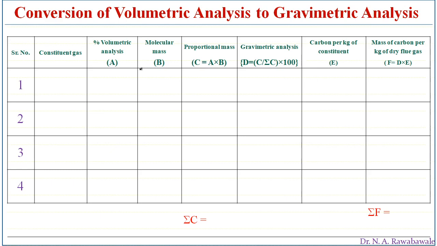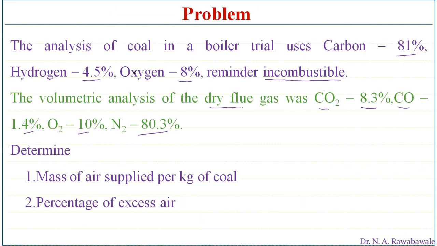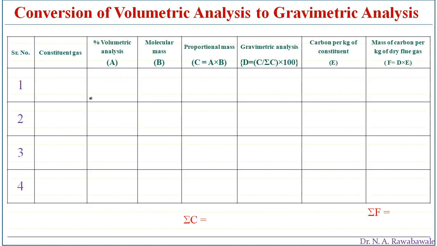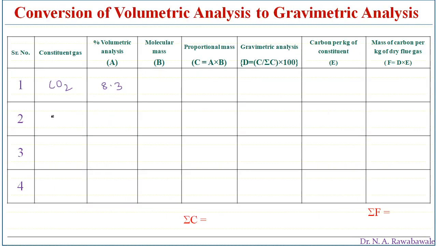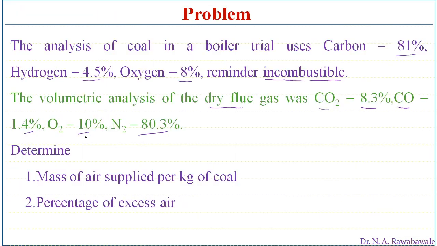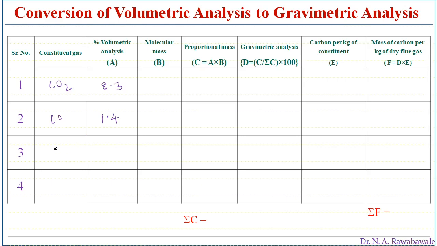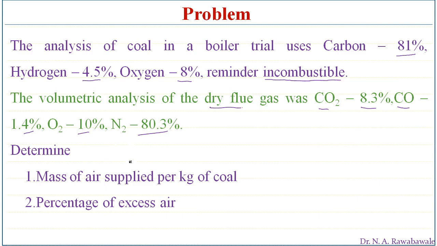So now coming to the conversion of volumetric analysis to gravimetric analysis. The constituents are carbon dioxide, carbon monoxide, oxygen and nitrogen. Carbon dioxide CO2 is 8.3% by volume, carbon monoxide CO is 1.4%, oxygen is 10%, and nitrogen is 80.3%.